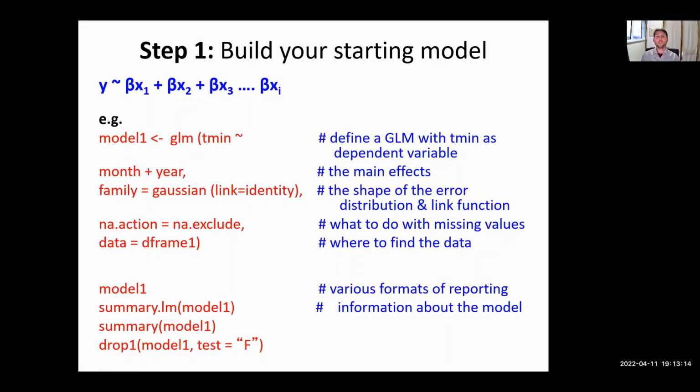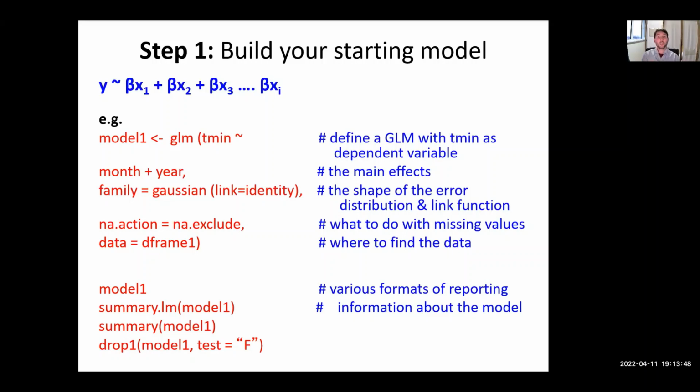So what we need to do is we need to actually start creating the model. So we've got an object I'm going to call model1, and this is going to use the function glm. So this is a very powerful, very general function, the glm function. And I'm going to be explaining minimum temperature. And I'll show you the data in a second. And then what I'm going to do is I'm going to relate that, using a tilde, with month and year.